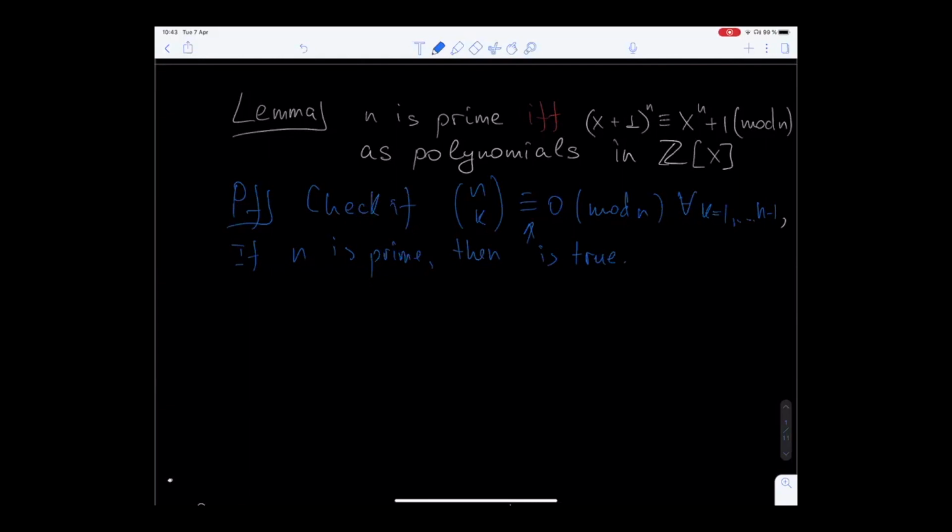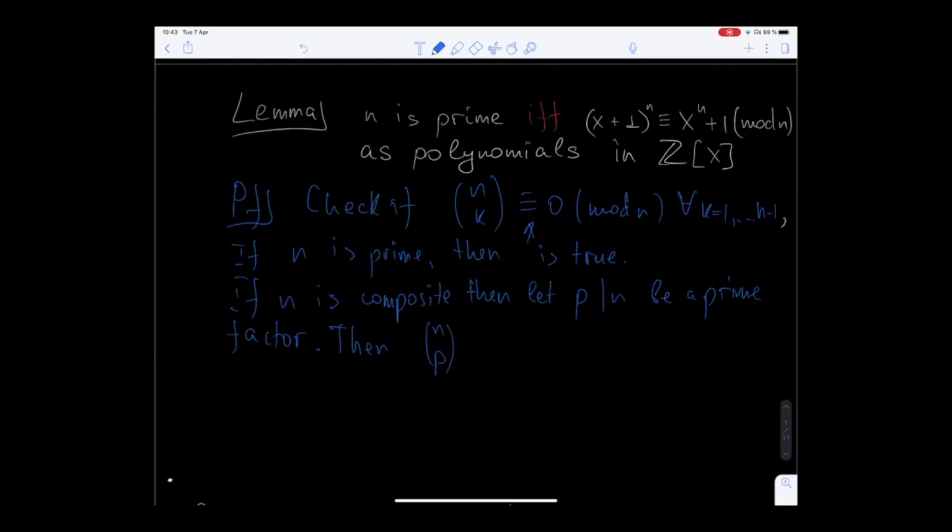But if n is composite, then we can take, say, some prime factor p, and look at n choose p, and this thing would be n times (n minus 1), etc., (n minus p plus 1) divided by p factorial.